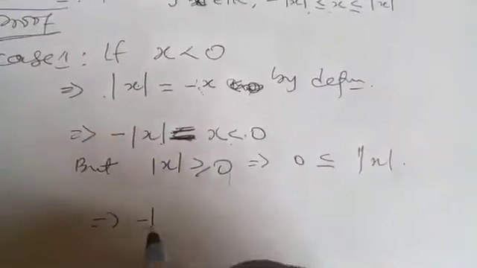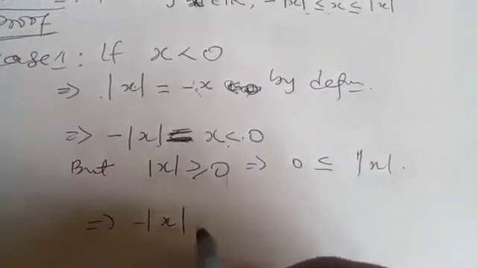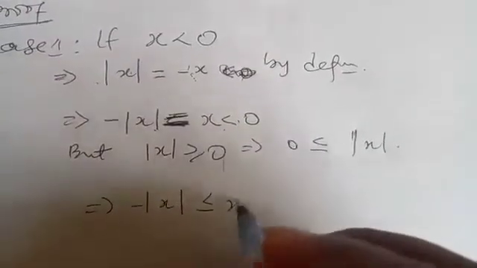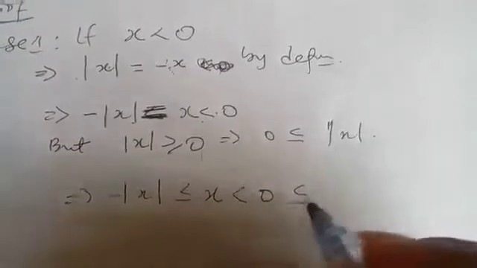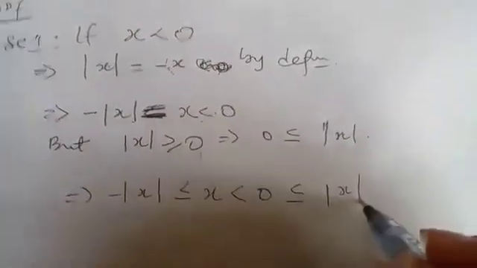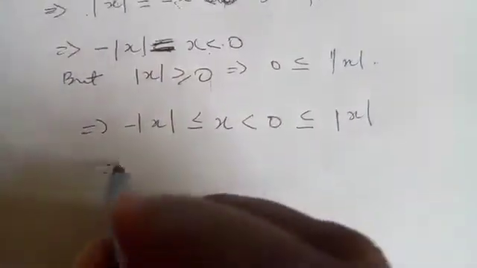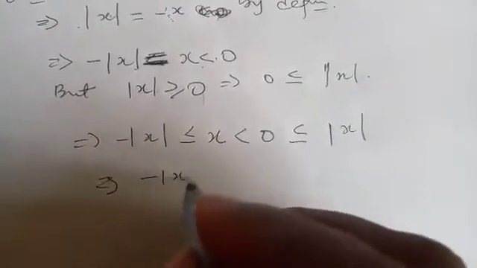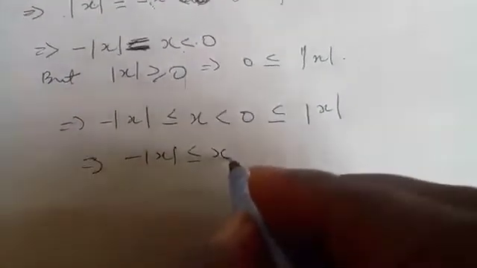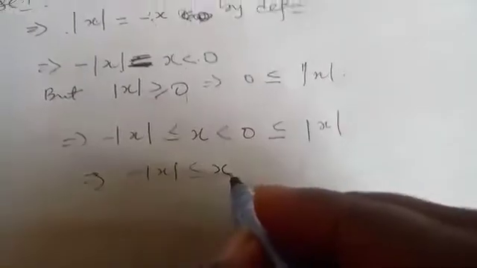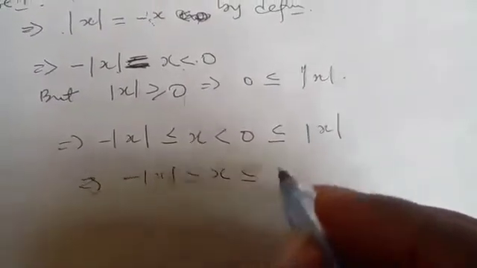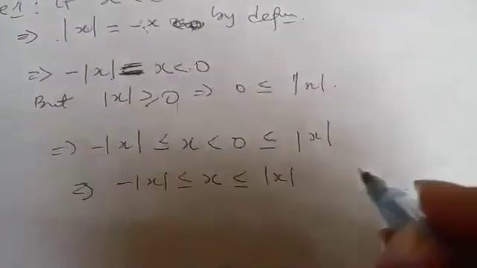If you now merge it together, we are going to have minus the absolute value of x less than or equal to x, since x is less than 0, and x less than or equal to the absolute value of x.